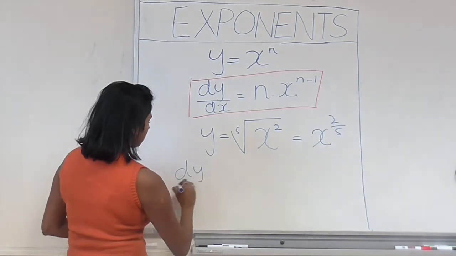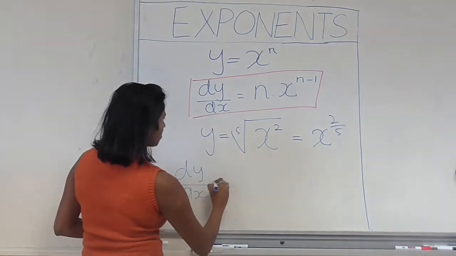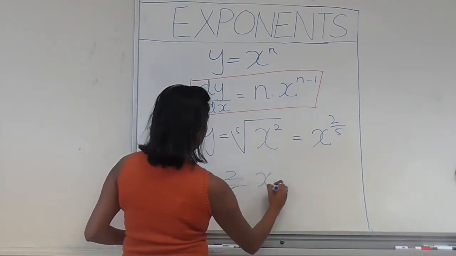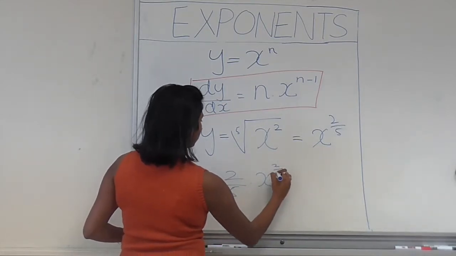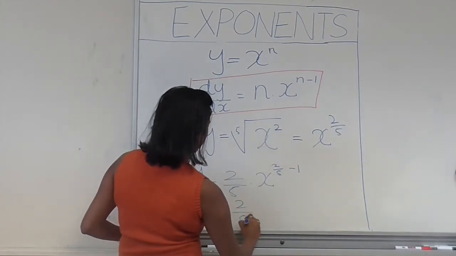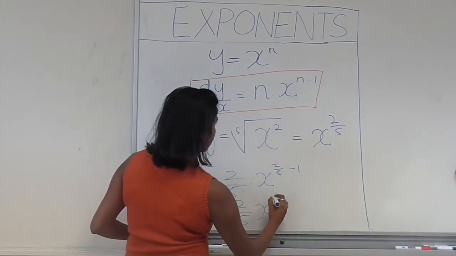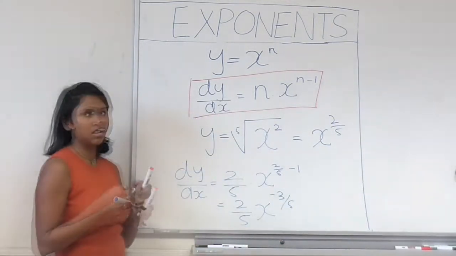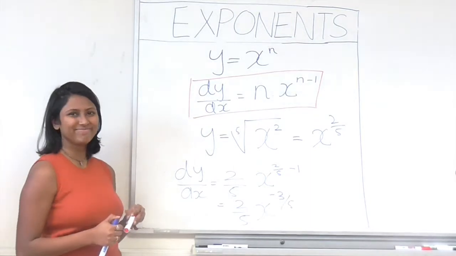So dy by dx equals 2 over 5 times x to the power 2 over 5 minus 1, which is 2 over 5 x to the power minus 3 over 5. And that's basically how you differentiate exponents.